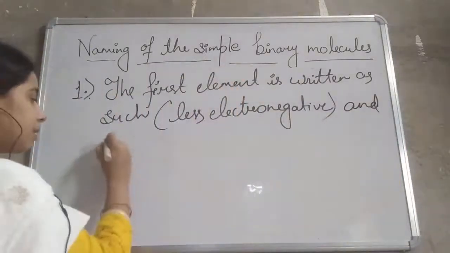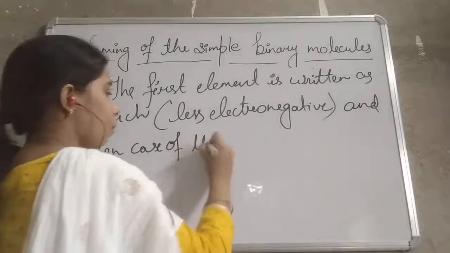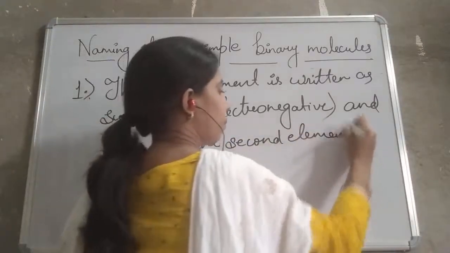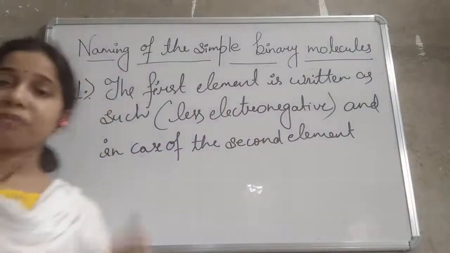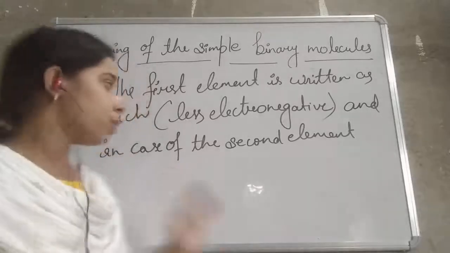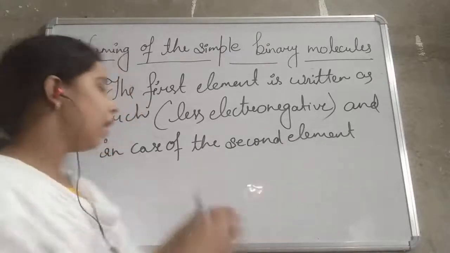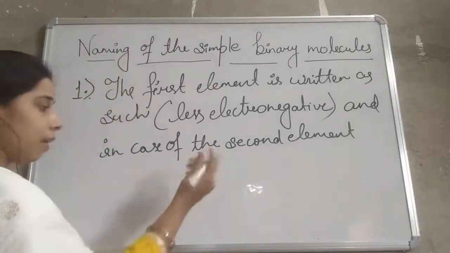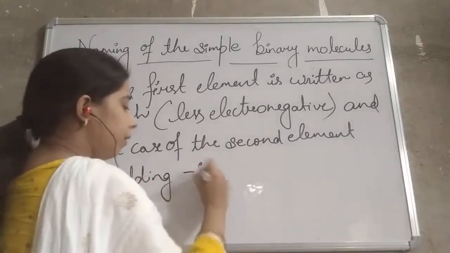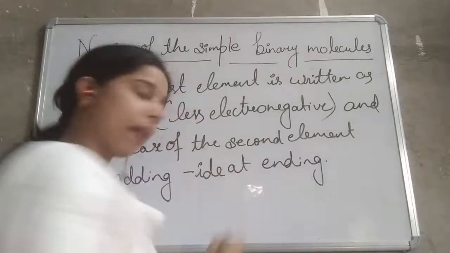In the case of the second element, students, at the end of that element's name we will add "ide". Okay, so in the second element of that compound, we write the name by adding "ide" at the end.